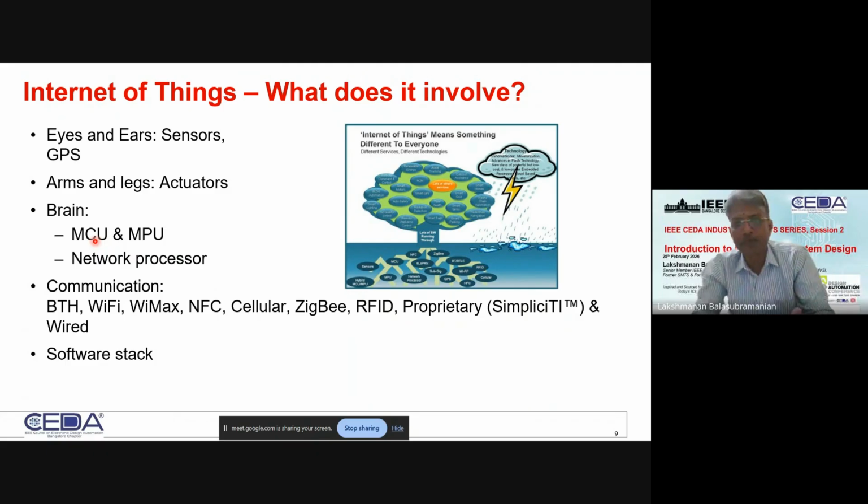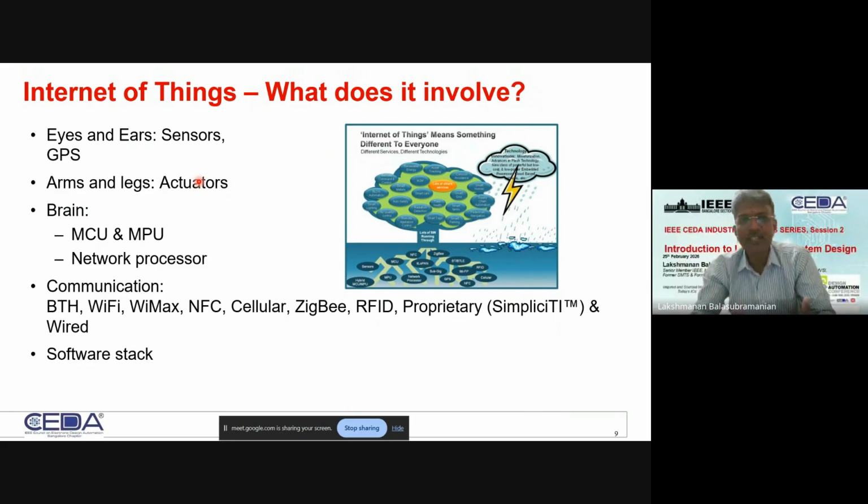The processing power of the system processes the data that comes from the environment through sensors and GPS, etc. Once the decision is made based on the data processing, whatever action has to be performed is performed. The arms and legs of an IoT system are actuators. It could be a motor, or various other elements, transducers, electrical to mechanical or electrical to temperature or any other kind of thermal transducers that will do the necessary useful work.